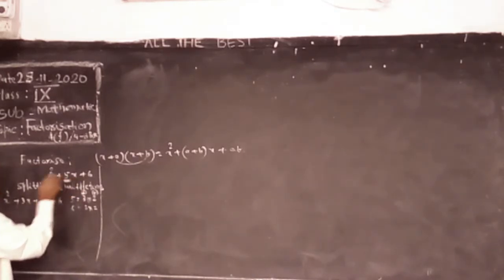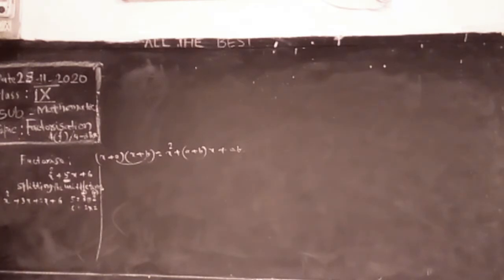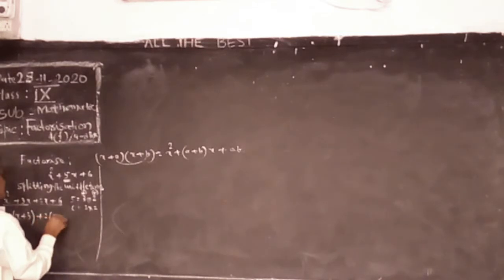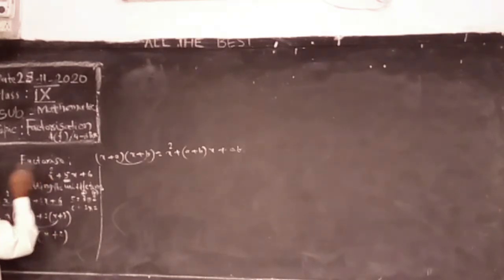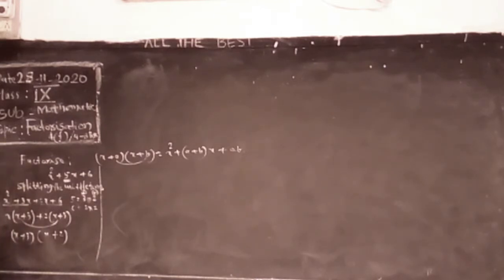This is splitting the middle term. We are writing 5x as 3x plus 2x. Now take factors. Taking x common, x plus 3, and taking 2 common, x plus 3. Again x plus 3 is common, so (x plus 3) into (x plus 2) are the factors of the given trinomial.